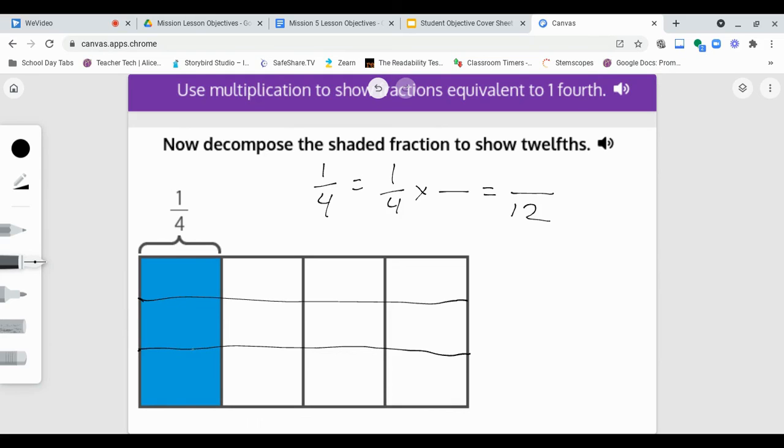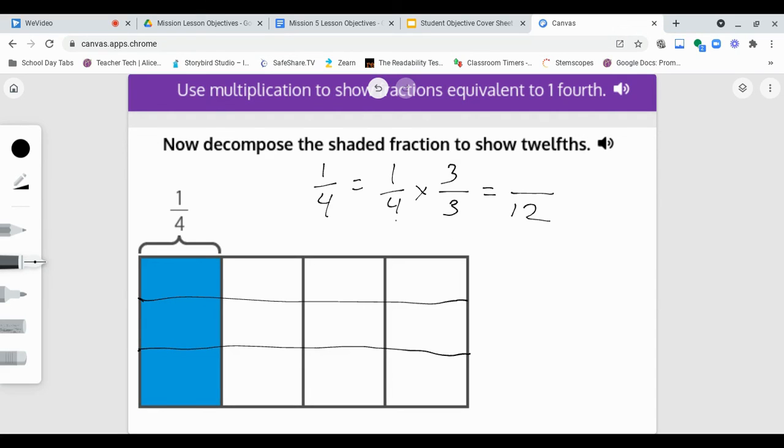I want to prove that now using multiplication as well. So again, I have 1/4, and what do I have to multiply it by to end up with twelfths? Again, how many rows did I have to split it up into? 3. I had to split it into 3 rows, so that tells me I need to multiply by 3. And remember, I have to multiply both the numerator and the denominator by the same number, which in this case is 3.